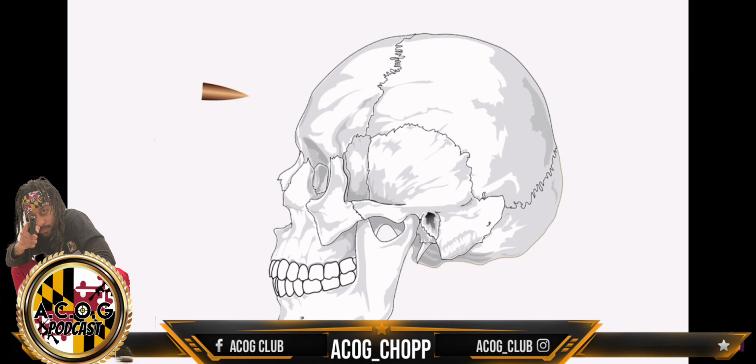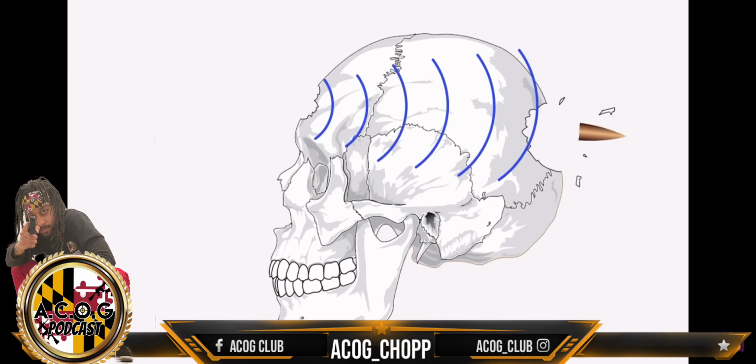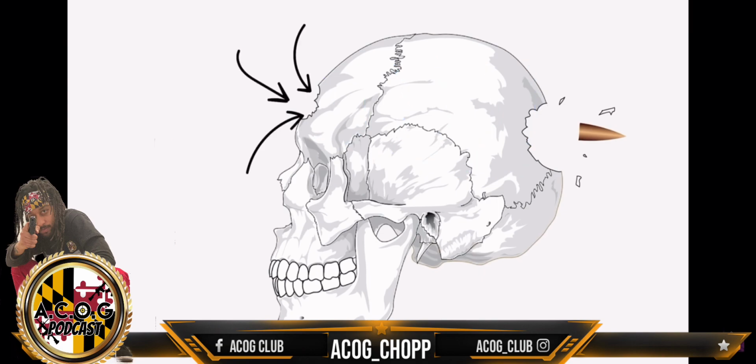When there's more kinetic energy, there's just overall more damage. We're talking a stronger pressure wave through the skull, more external gases going into the head, more secondary fracturing, and even splitting of the skull. So in this case, the bullet is creating kinetic energy due to the velocity at which it is being fired from the firearm.